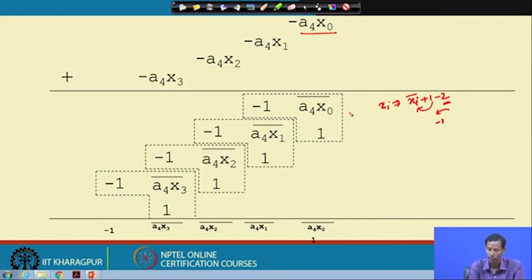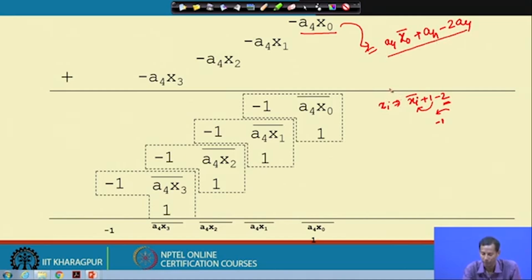So initially what we were doing was a4 x0 bar plus a4 minus 2 of a4. Now this equation has been represented using a4 x0 bar plus 1 minus 2.